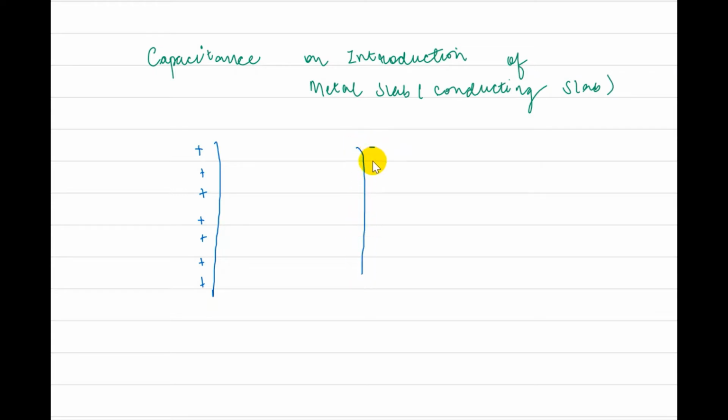I'm not going to write the same considerations again. Plate area is A and the distance between the plates is D. We'll also consider that E naught is the electric field between the plates.